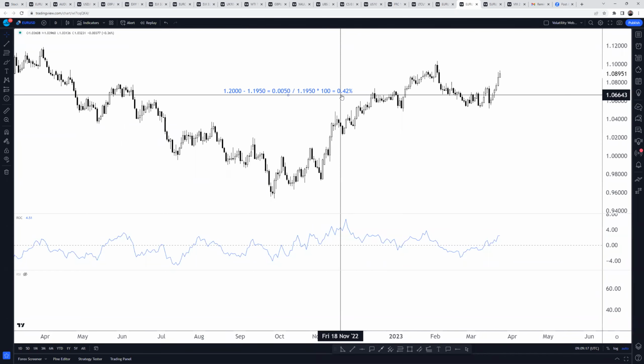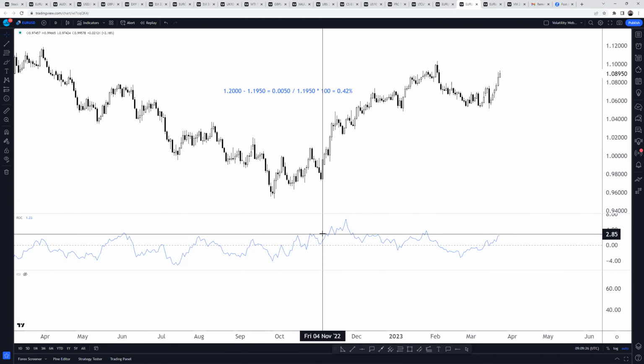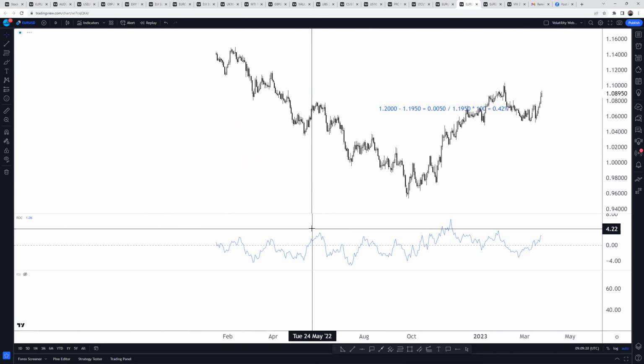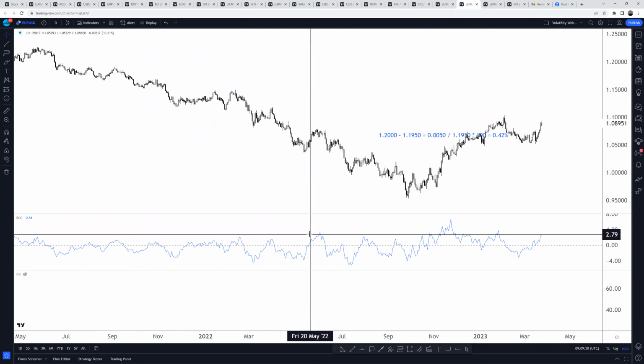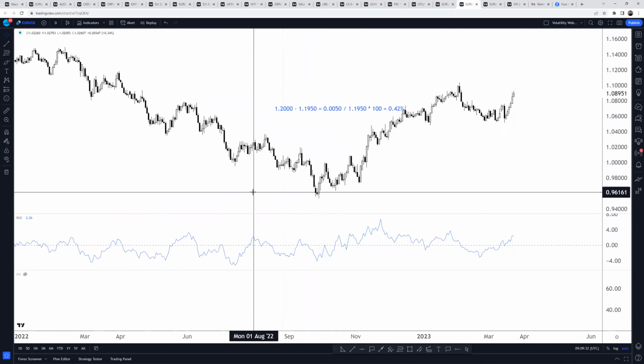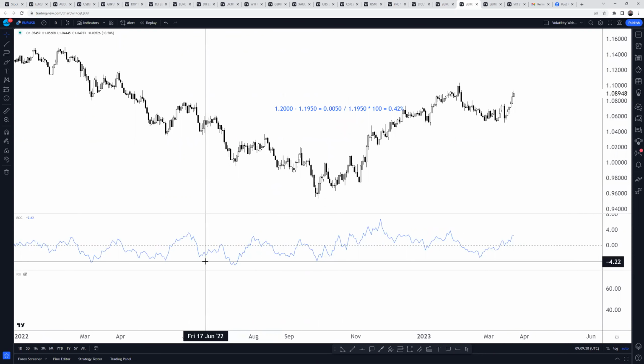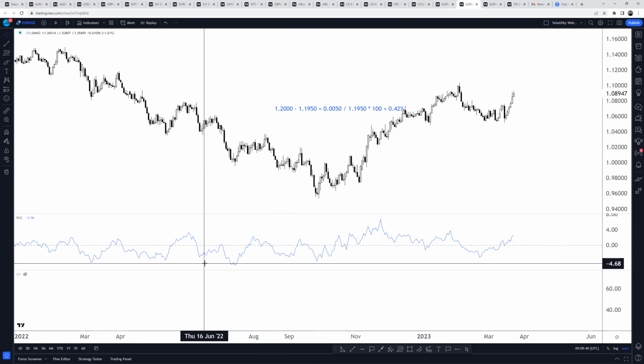Now, the reason I really wanted to highlight this is because I wanted to differentiate between momentum and volatility. The ROC indicator, as you can see here, is unbounded, but it can still offer overbought and oversold conditions. In order to achieve this, we would need to manually apply these overbought and oversold conditions.